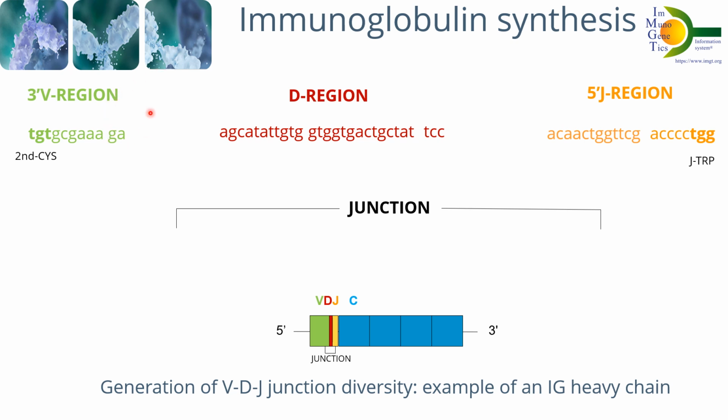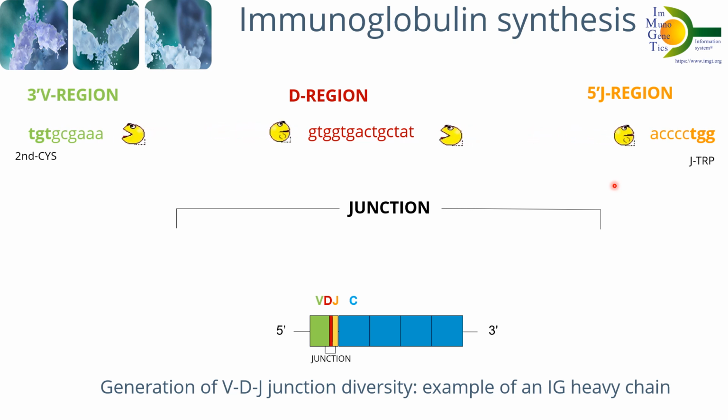This involves the 3' of the variable gene, the complete coding region of the diversity gene, and the 5' of the joining gene. We see these Pac-Man figures that represent molecular enzymes such as the RAG complex, Artemis, among others, and they are the ones that initiate the recombination and trim some nucleotides, as we see here.